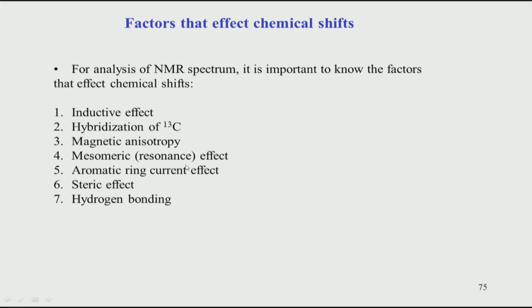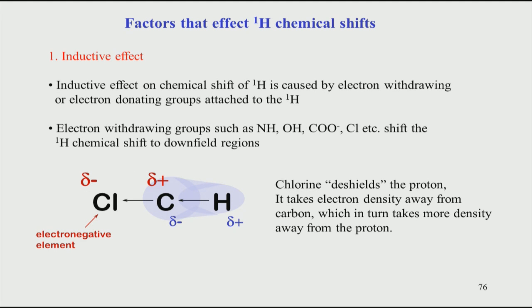How does that influence the chemical shift value? So, what is an inductive effect? Inductive effect is a very simple concept. The idea is that suppose you have an electronegative atom such as chlorine, oxygen, nitrogen. These electronegative atoms draw the electron cloud towards themselves if they are attached to a more electropositive atom.